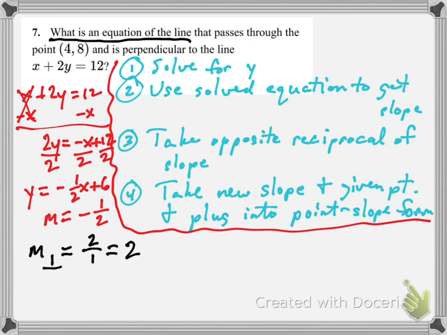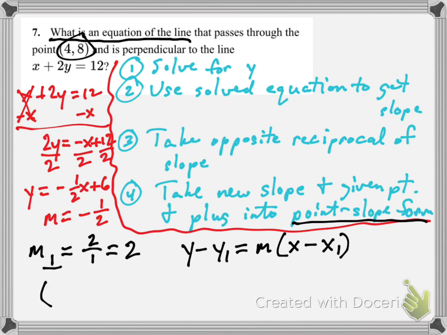Well, again, they don't tell us what form it has to be in. They just want an equation. Well, the easiest way with the given information is to use point slope. So y minus y1 equals m times x minus x1. Well, here's (4, 8). Okay, here's our point.